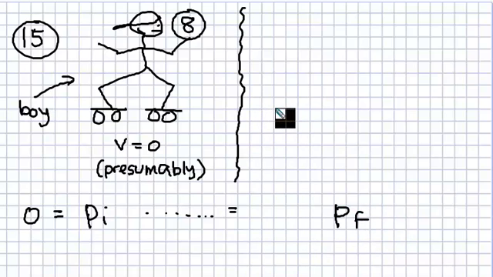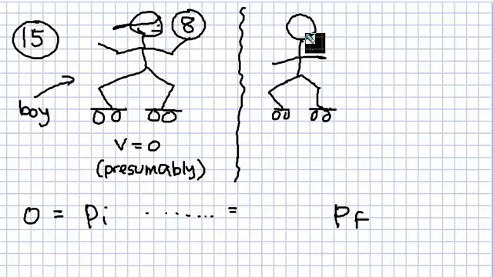So make sure you understand the final momentum as the boy on his skates probably rolling in one direction, and in the other direction the medicine ball must be going. And now instead of having just a single term for momentum, we'll have two terms for momentum.